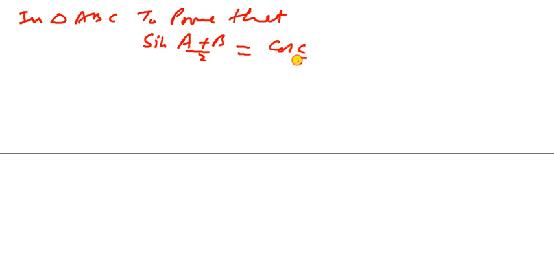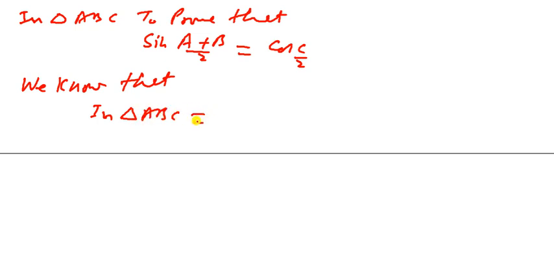So just watch this exercise, what happened in this exercise. The question is that in triangle ABC, to prove that sin of A plus B upon 2 is equal to cos C by 2. How can we prove it?